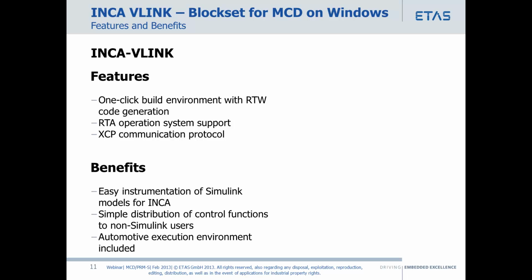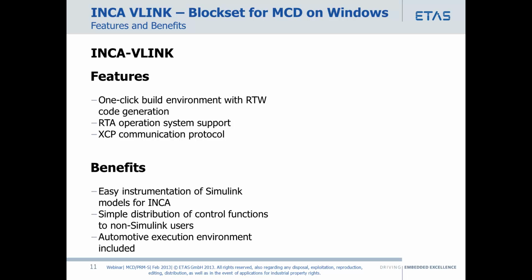Inca VLink allows to separate Simulink users with the models from Inca users without license and without model, still being able to simulate the control in a PC environment and apply measurement and calibration. Inca VLink is a one-click build environment with real RTW code generation.